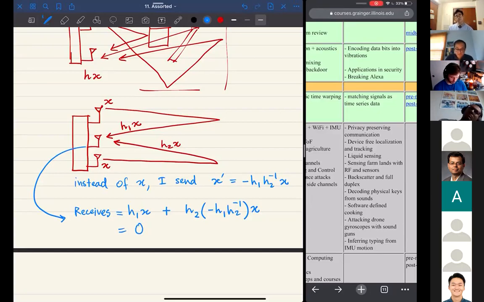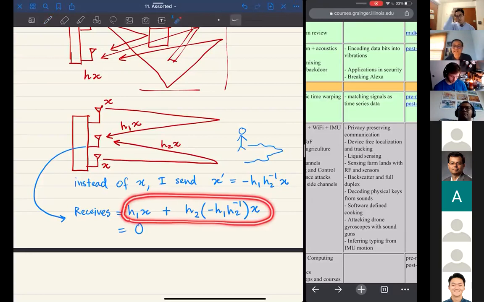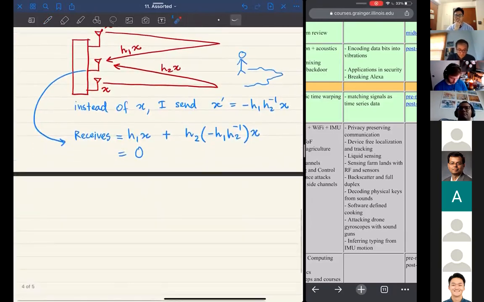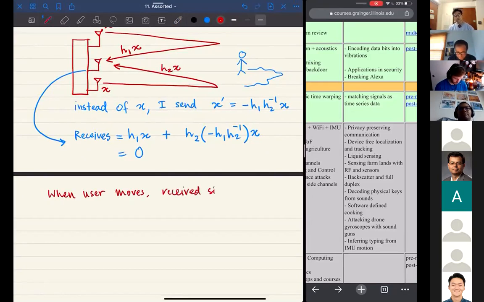Now, suppose some user is moving, user is walking, right? Look, this part is 0 because the environment is static. But if the environment is static, but only the user is moving, when the user moves, the received signal is not equal to 0 anymore, right?